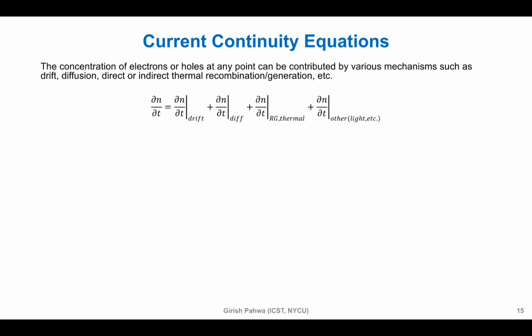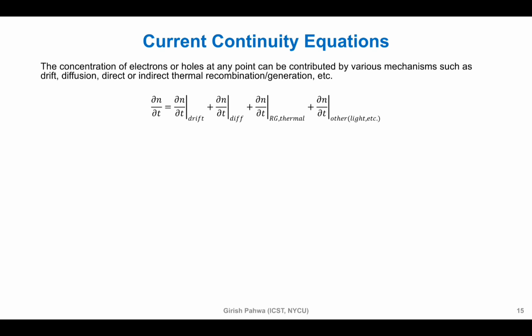I can have a change in electron concentration at a point because of transport also. Say this is the point and some of the electrons which were here transported here. That is also possible. What kind of transport can there be? Drift and diffusion. Because of the electric field, say some electrons moved from here to here. That increased the concentration of electrons here. So that can be a factor.